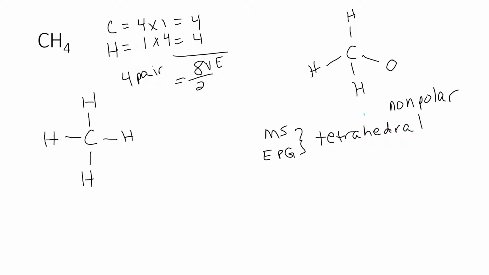Oxygen is 3.5. Carbon is 2.5, so the difference is 1. So there is an overall dipole moment in the direction of the oxygen. Because it's more electronegative, that means it's stronger. That means it's holding its shared electrons closer to itself.